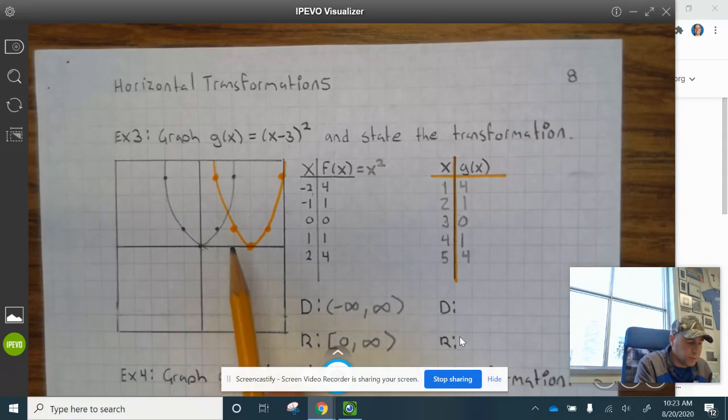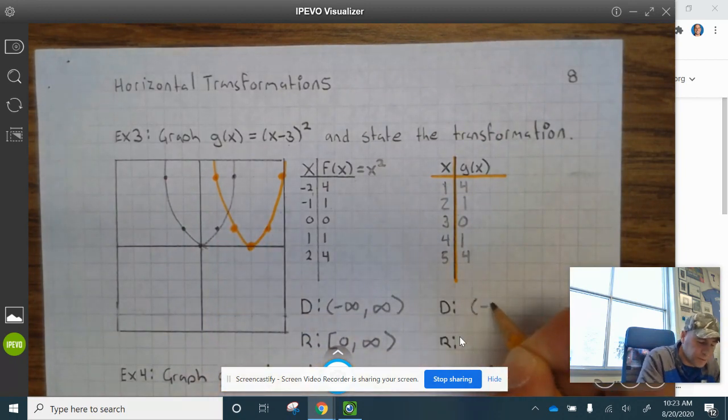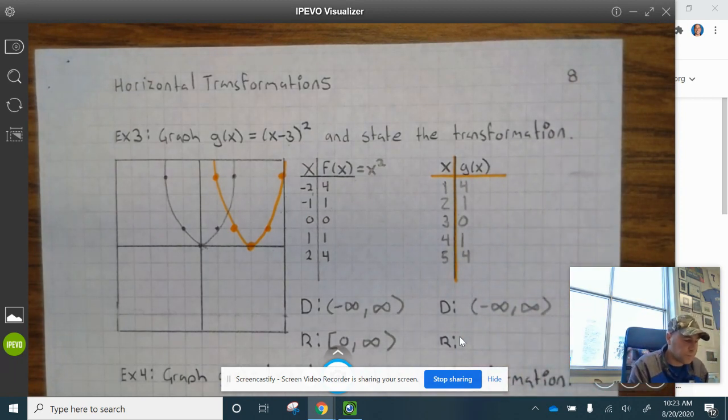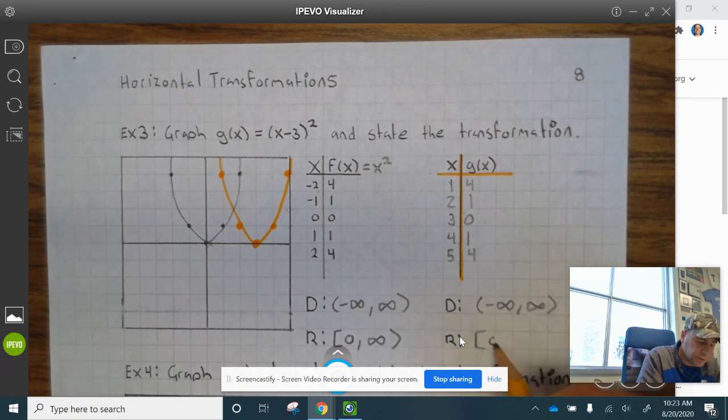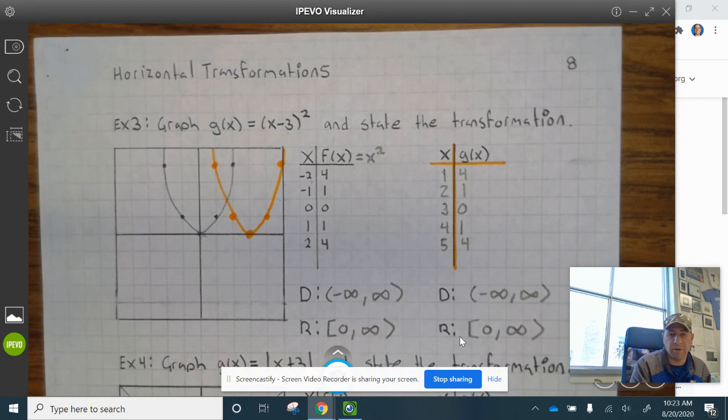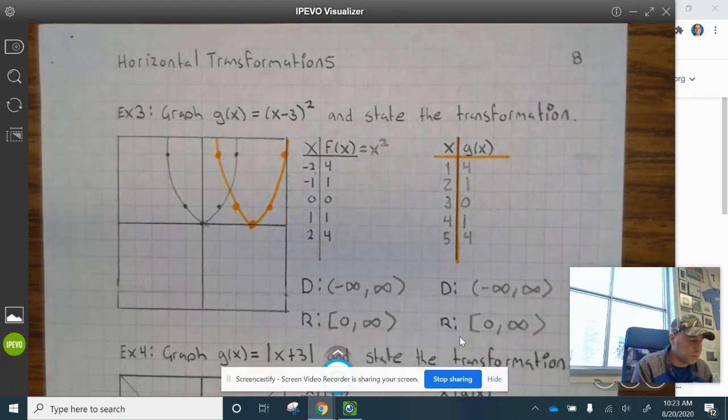Even though we shifted it to the right 3 units, it's still going infinitely in both directions, so the domain is still negative infinity to positive infinity. And the range is bracket 0 to infinity. So in this case, it didn't change the domain and range. Okay, so go and finish up example 3.